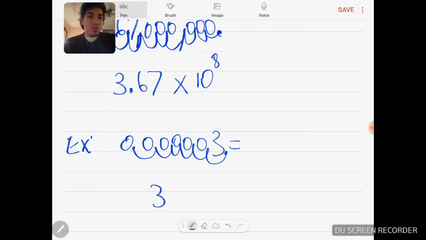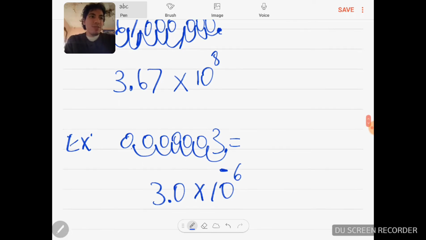My new number is 3.0, which is 3, times a base of 10, and I counted 6 times. Now, is this number bigger than 10? No, it's a very tiny number, so the count is going to be negative in this case. So 3 times 10 to the negative 6 will be your answer for that problem.